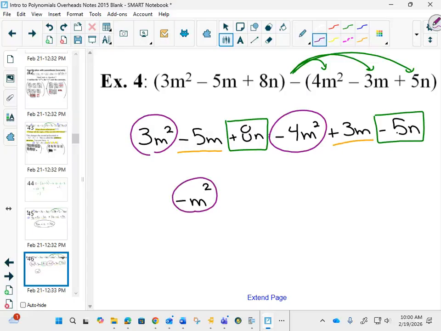Okay, Matthew, you pick our next volunteer. Who's it going to be? Abel. And are you going to go green or orange? Orange. Minus 5m plus 3m. Minus 2m. Excellent.